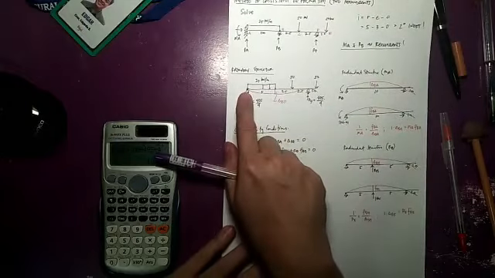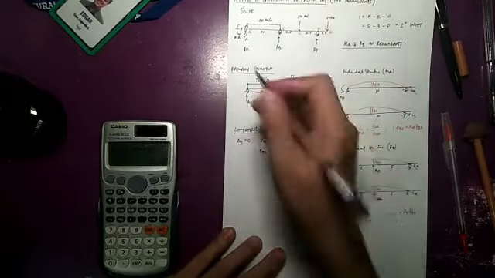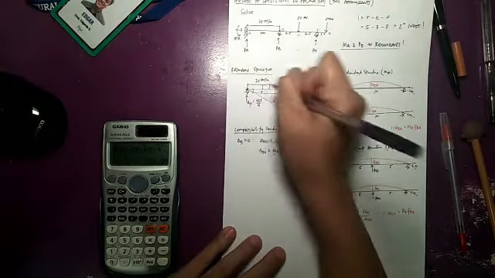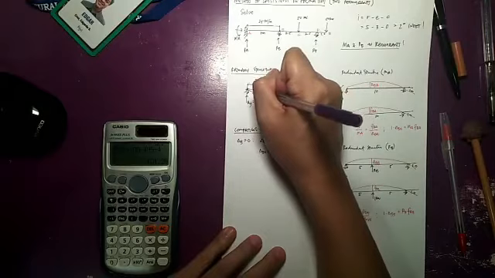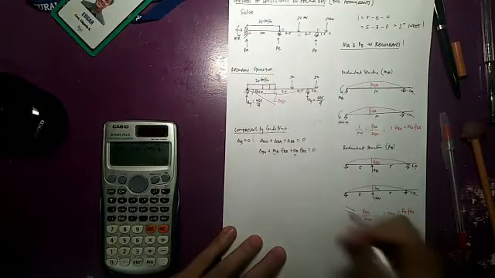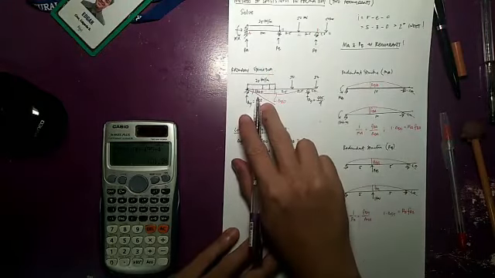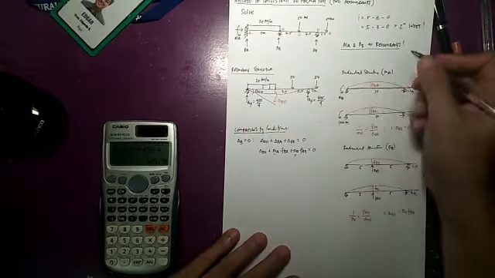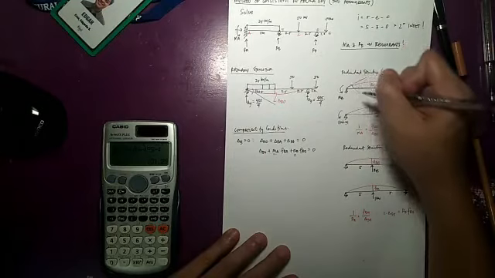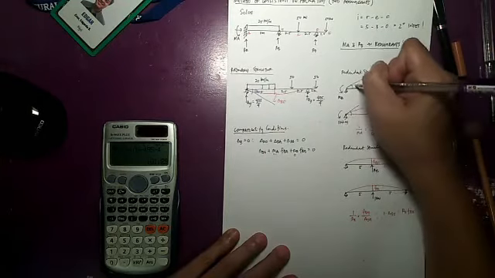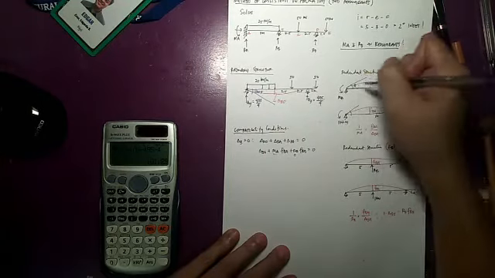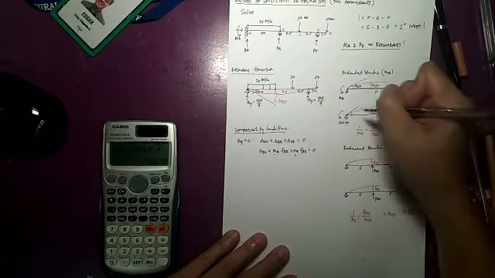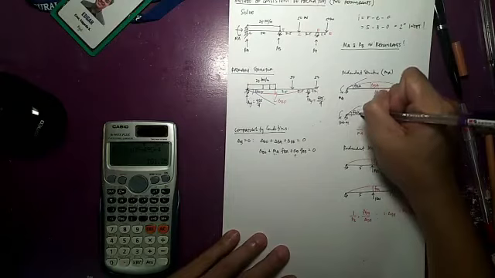As you can see from the primary structure, if I draw a tangent line at A, I will have this theta at A due to the original load, theta AO. But due to the redundant here, this will create this deflection or slope, theta AA, due to moment at A. This is FAA.